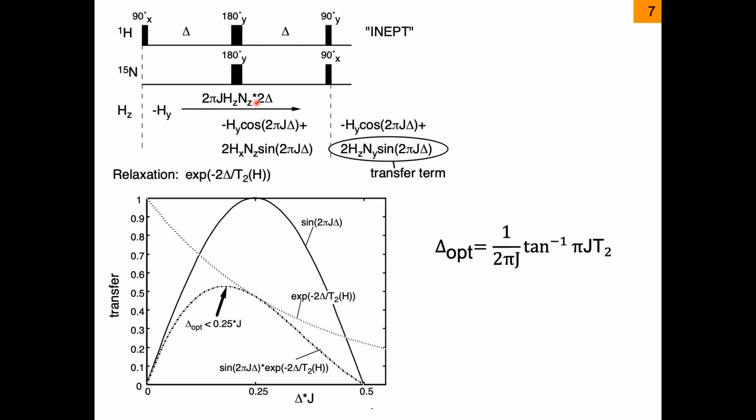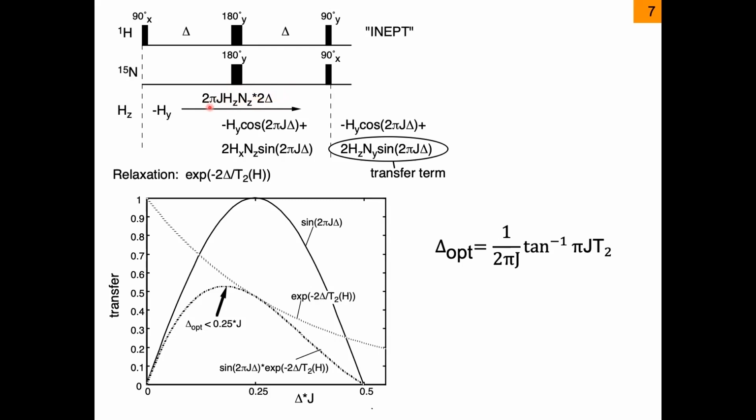This is energy times time, which is the action. And the Hamiltonian in the spin operators is 2 pi J HZ NZ, and the time that it is evolving is 2 delta. So this is really a precise mathematical term.